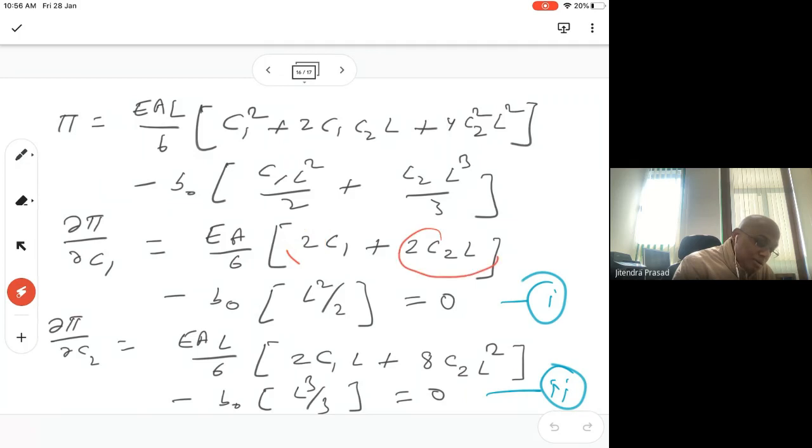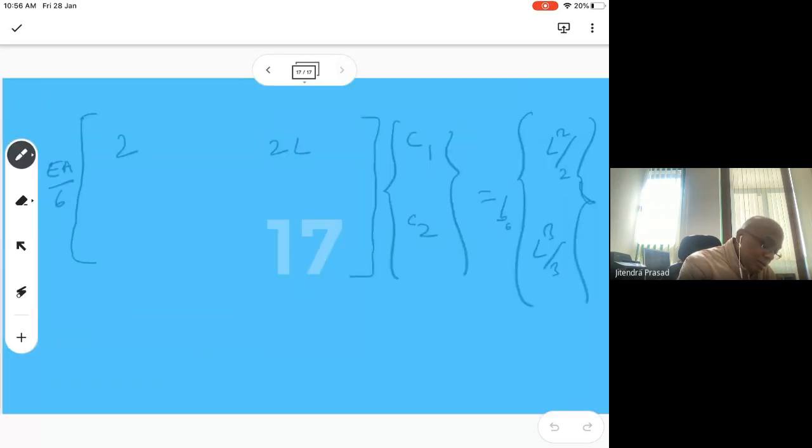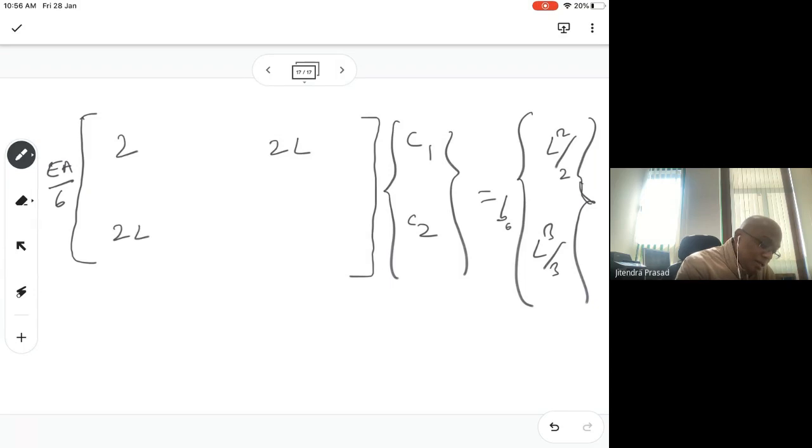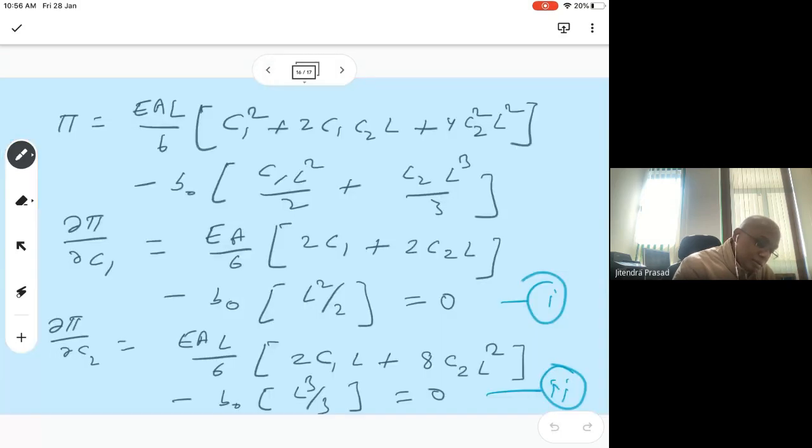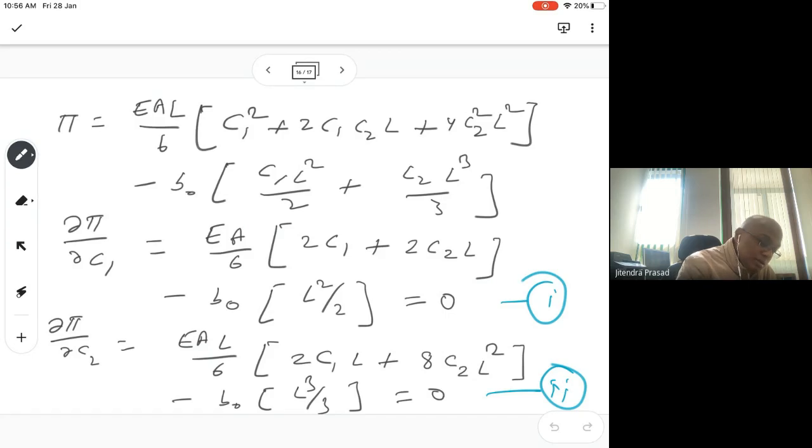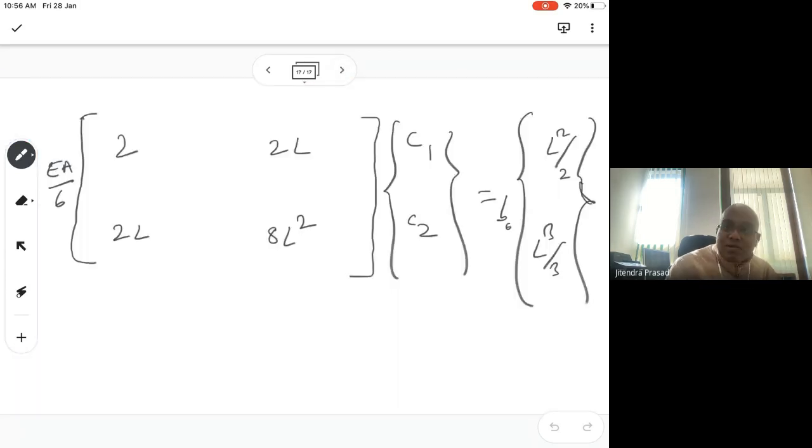2 and 2L, and here you get 2L, 8L square. So this is the equation that you need to solve.